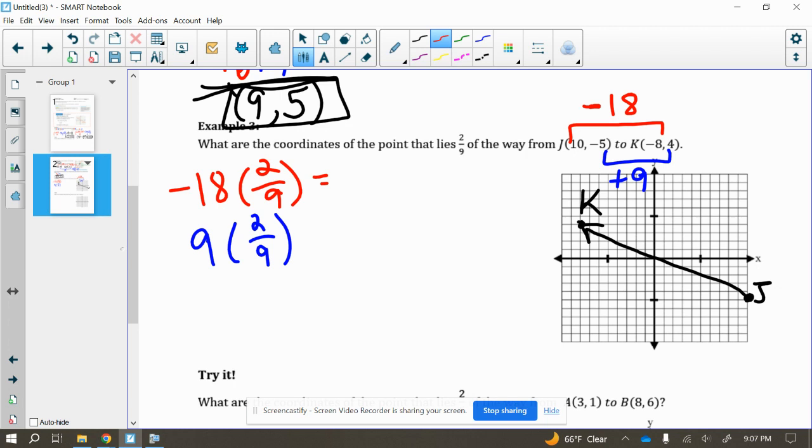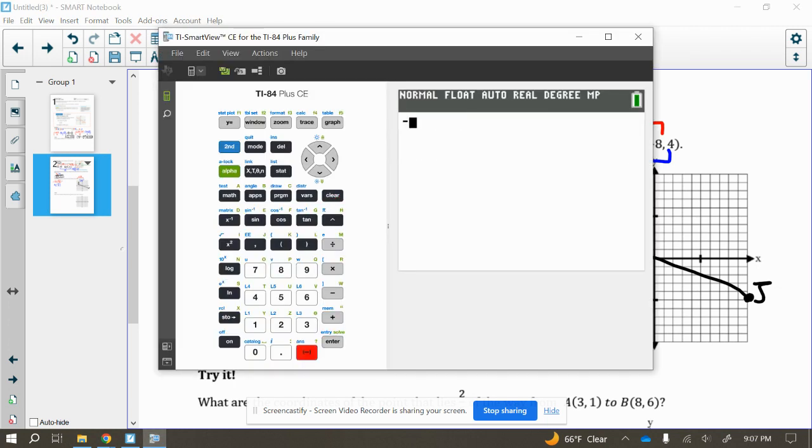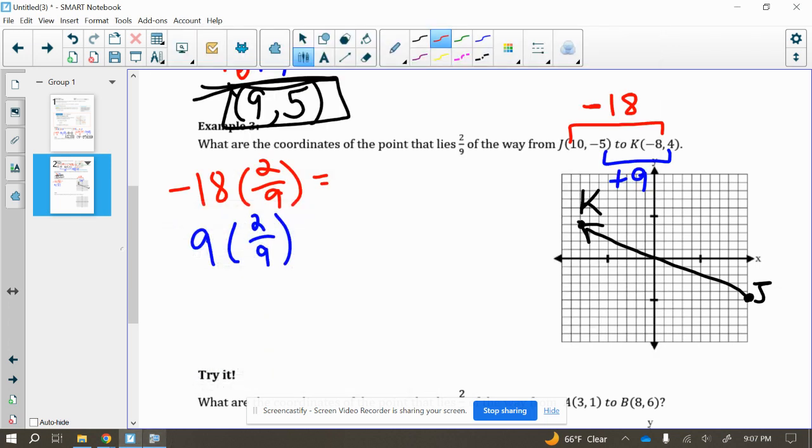So again, if we take these values, -18 times 2/9 is -4. +9 times 2/9 is 2. So we have -4 and +2 are going to be what our new movement is, only 2/9 of the way.